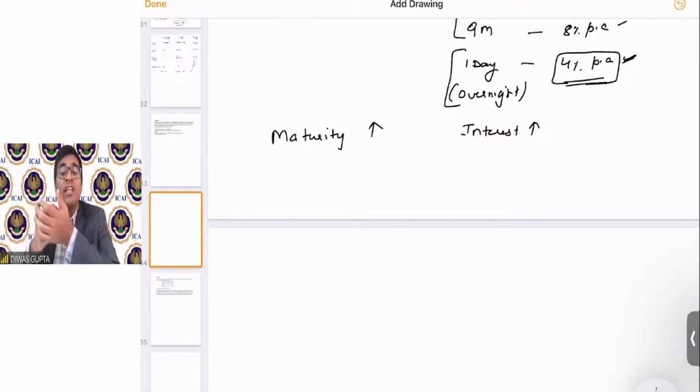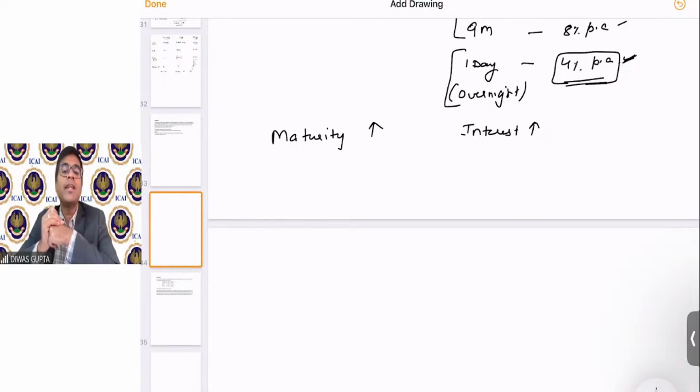Or will there be a very significant dent in my paying capability from today to tomorrow? No, right? The chances are very less that my repayment capability will get hampered from today to tomorrow. So, in a way, the one day or overnight rate that has been quoted is almost risk free. It has no risk element involved.